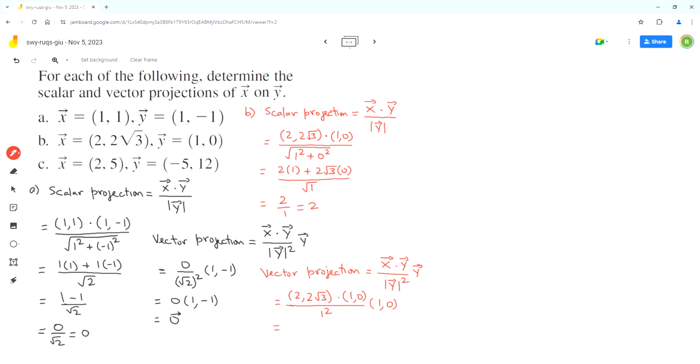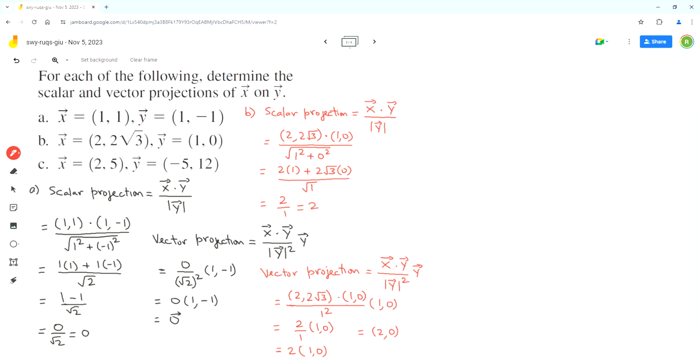So the result of the dot product is 2. We got that in the scalar projection calculation. So we have to do this scalar multiplication. We have to multiply both components of the vector by 2. So we get, so this should be the vector projection for part B.